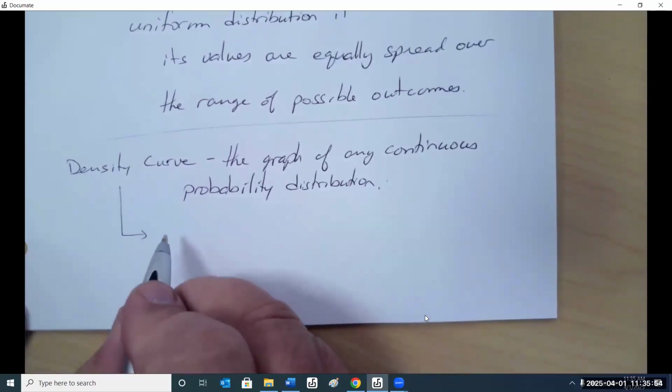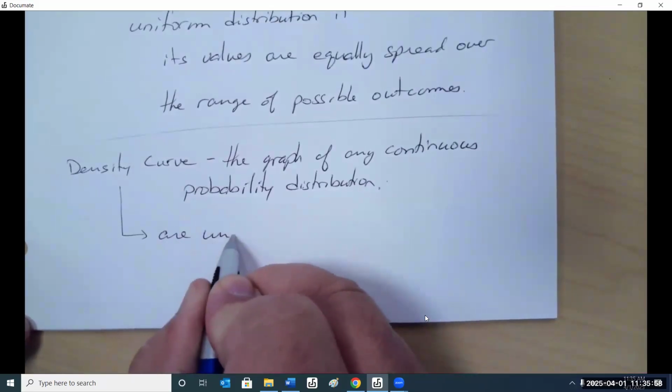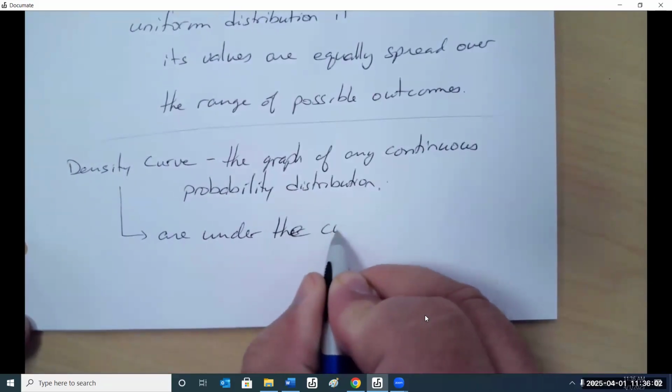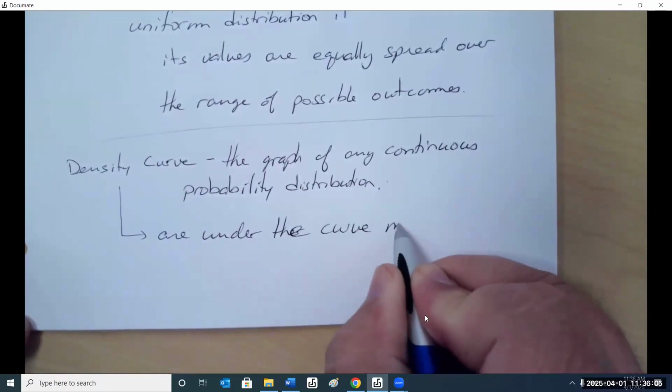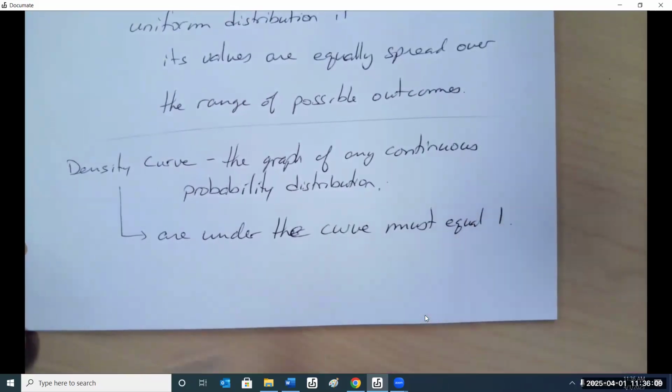And a property of it is the area under the curve must equal 1.